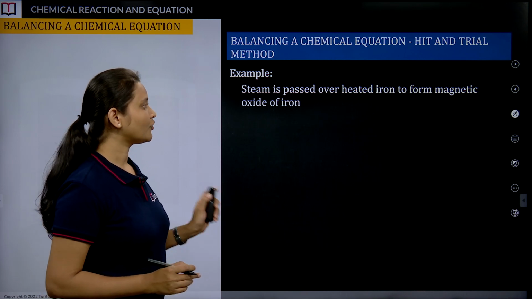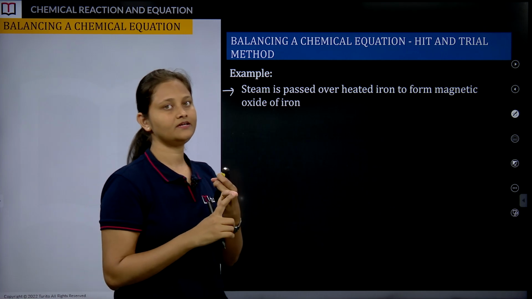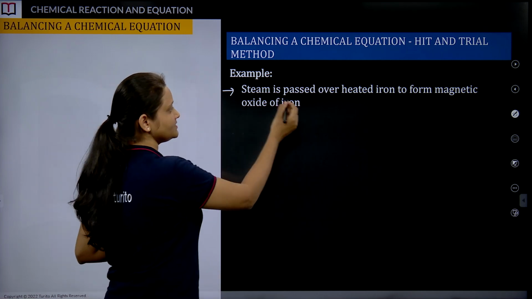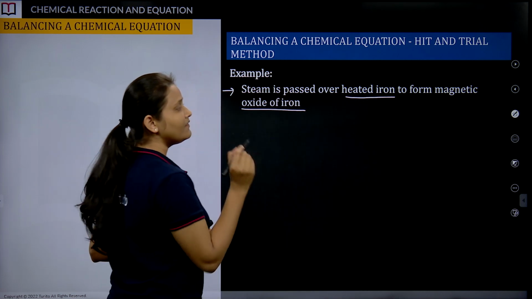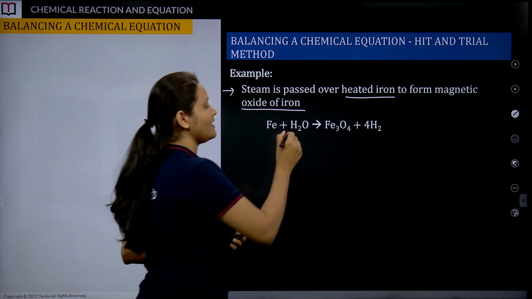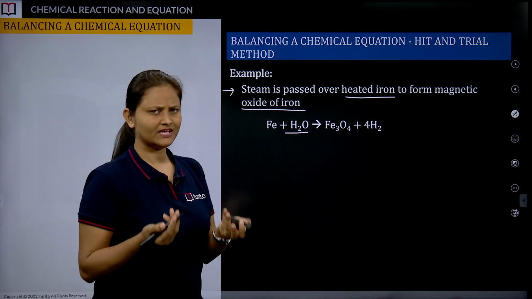See, I was talking about the sentences. It can be a word equation or it can be an equation in the form of sentences. So they have given us: steam is passed over heated iron to form magnetic oxide of iron. Now here we need to understand that steam is water, H2O, the chemical formula of steam is the same, H2O.